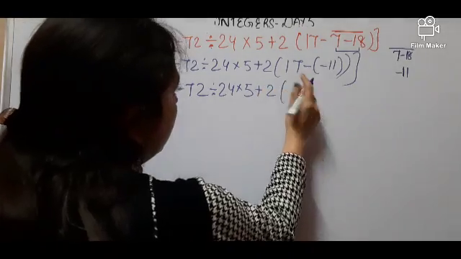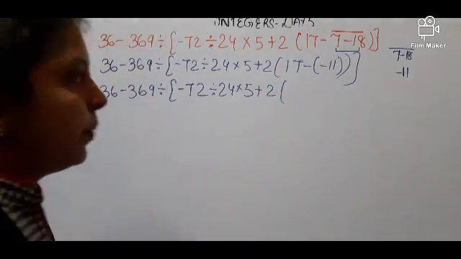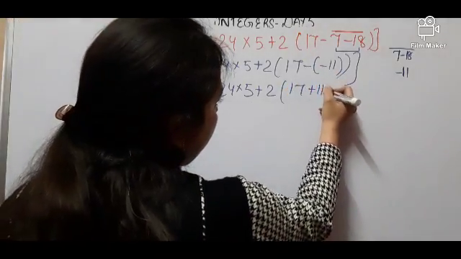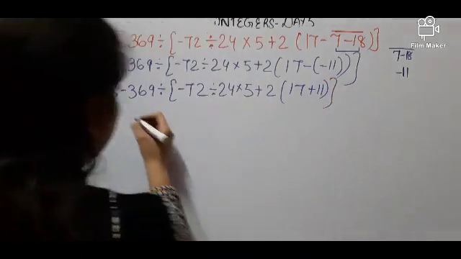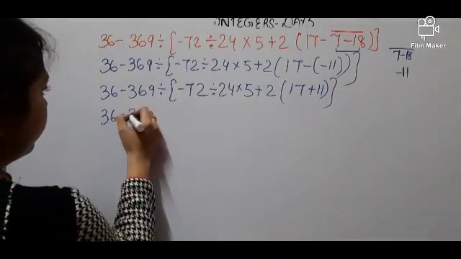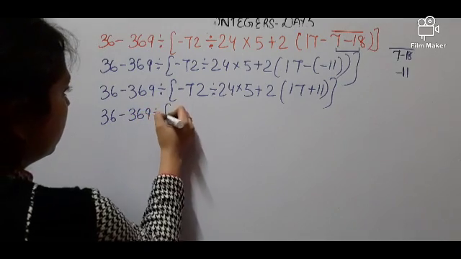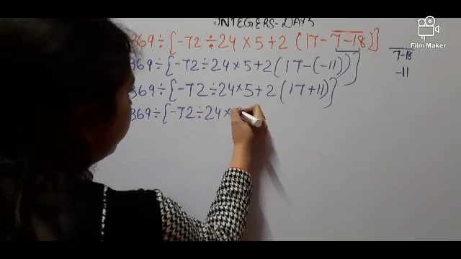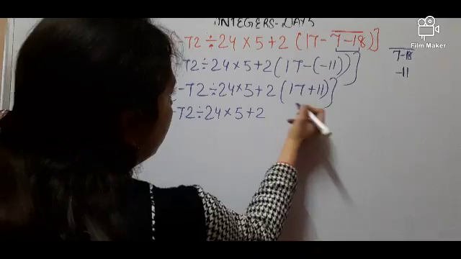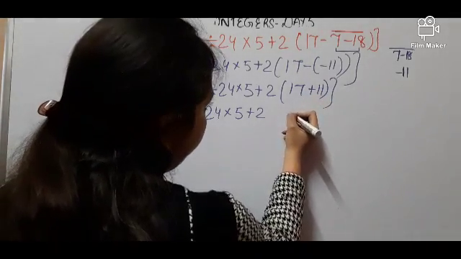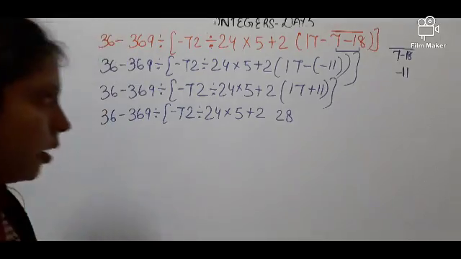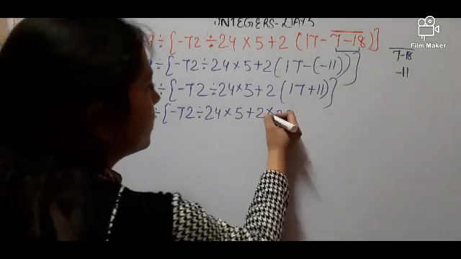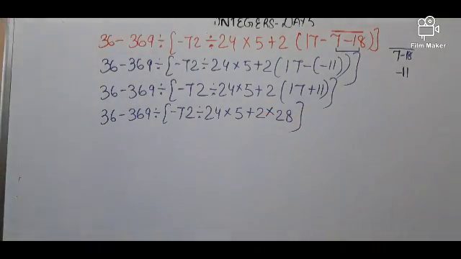Plus 2. See, the bracket is preceded by a negative sign, so there will be a change in the bracket. Times 5 plus 2, and 17 plus 11 gives us 28, and the bracket is not preceded by any sign, so we will consider the multiplication sign.